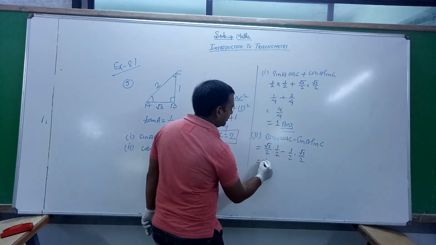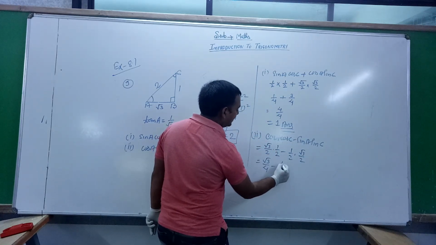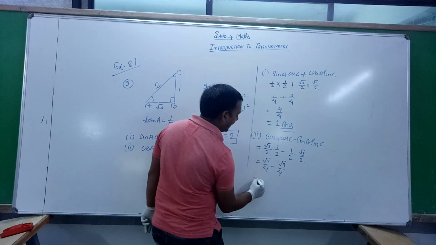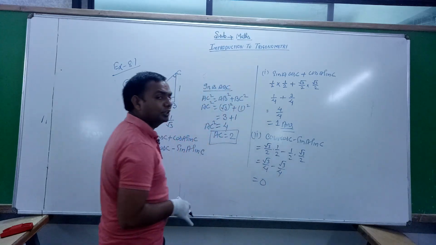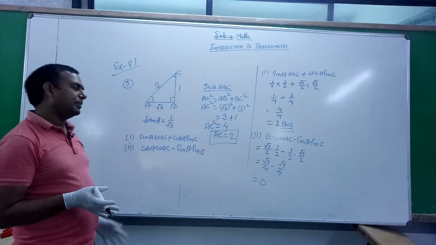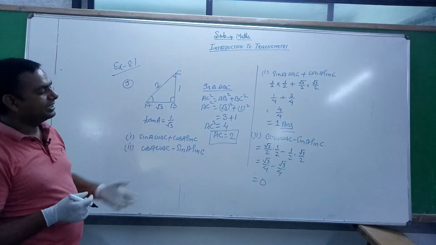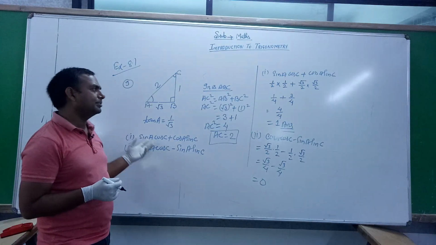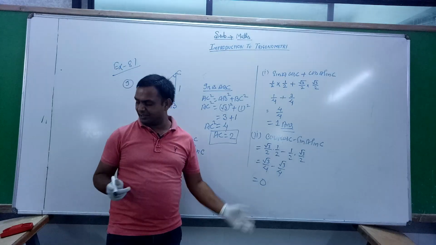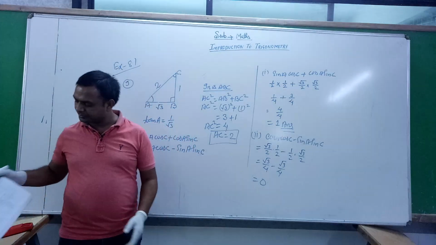So this is under root 3 by 4 minus under root 3 by 4, that is equal to 0. So you can easily solve it, this is equal to 0. That is the solution of those equations, and you apply this formula, you can solve.